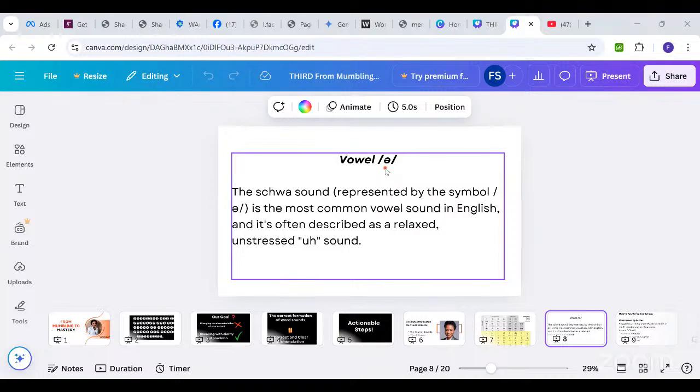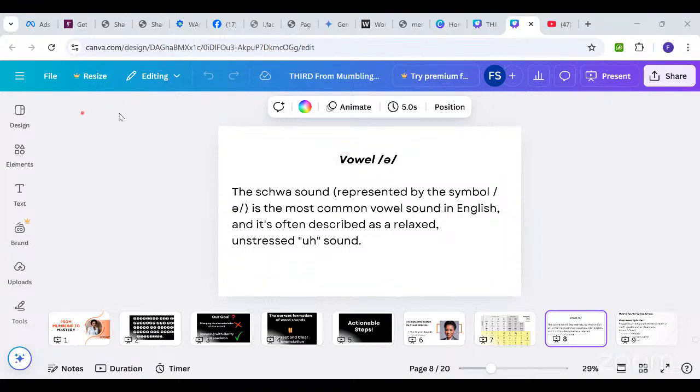Aside from that, one very common thing about the schwa sound is that it is an unstressed sound. Unstressed means a sound that we use in unstressed syllables. So we talked briefly about stress before we had a long break, but let's quickly talk about it again to help you understand what I mean by an unstressed sound.